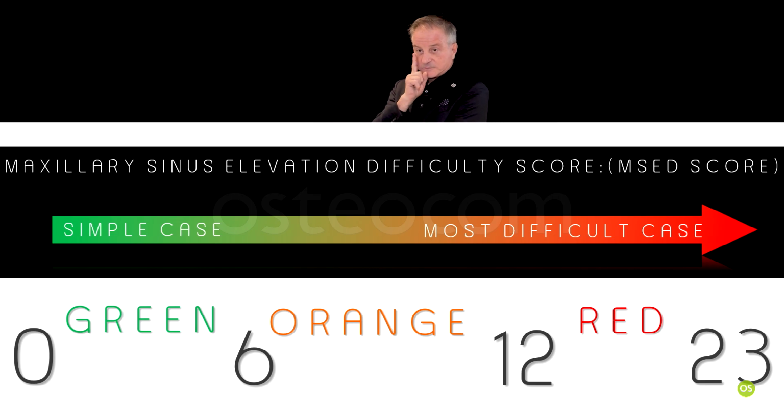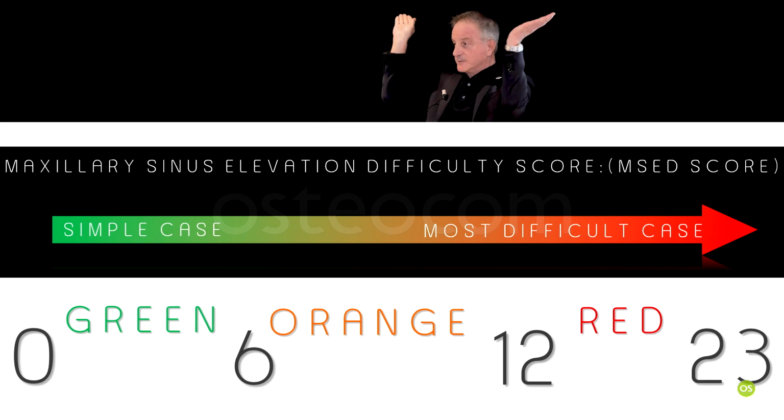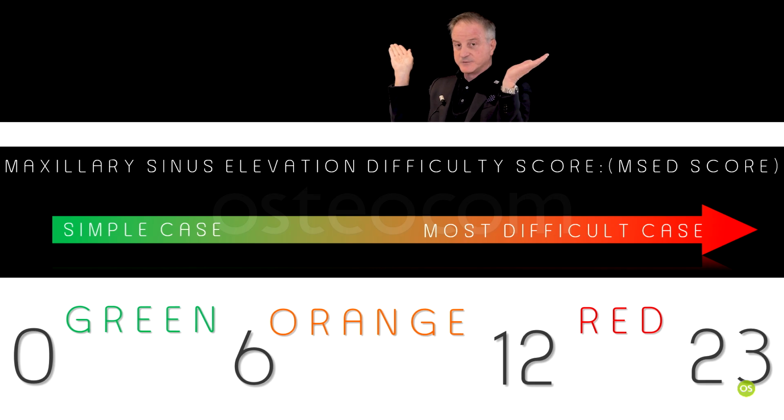Because I know that long faces have a straight wall, and the zygomatic process is higher up. Square face, the zygomatic process is closer to the ridge. The zygomatic buttress and the walls of the sinus are thicker.